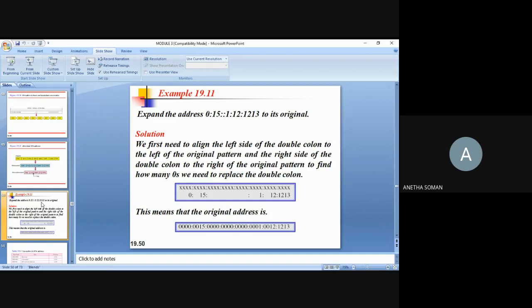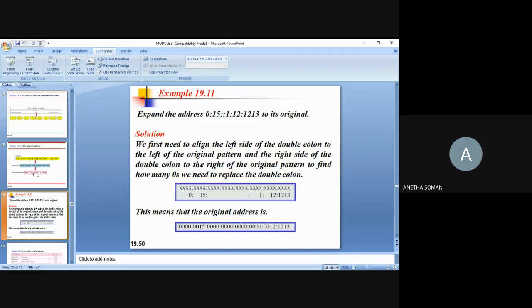Now I have told you an IPv6 address is 128 bits long. So what is the total address space in IPv6?